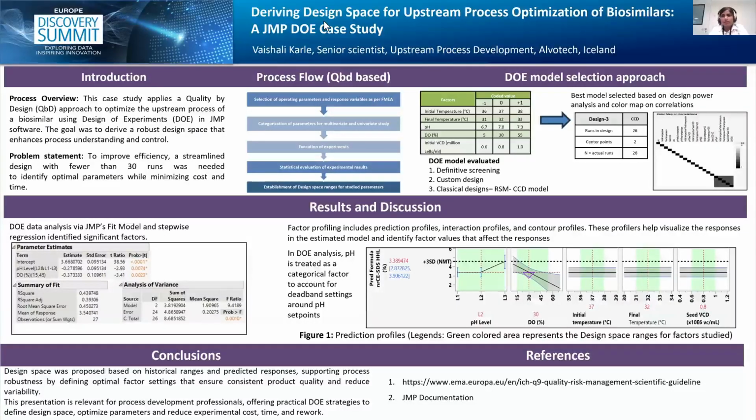After the complete power analysis and the color map correlation, we can see there is very little confounding. Wherever there are interactions, the main effect is more prominent, and the confounding is only for the quadratic terms, which is acceptable. So we could go ahead with this design, which was more satisfying for us while selecting the DOE approach.